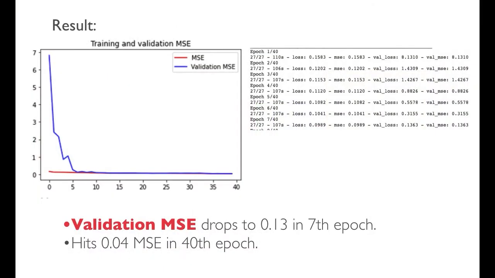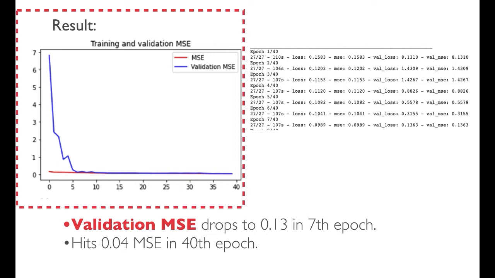So we will now have a look at the training results for my training run of the neural network. On the left, I'm showing the graph which I got when I ran my training. The line in red is showing the value of the training MSE, whereas the line in blue is showing the value of the validation MSE.